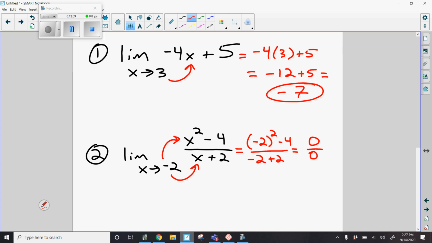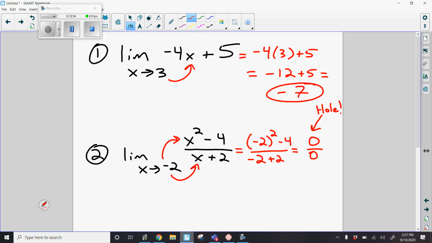But think back to your pre-calculus days. What happens when you have 0 over 0 coming up on a rational function? Well, this is telling you something very important. This is telling you that there was a hole in the graph.